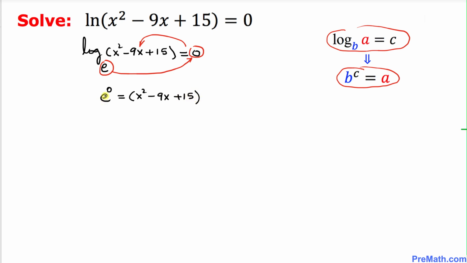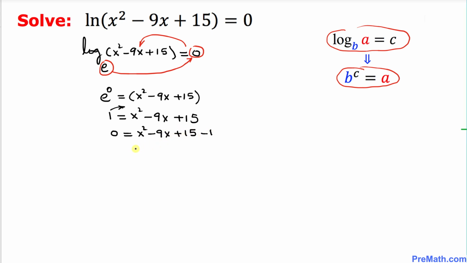All right. We know that anything power 0, e power 0 is 1, equal to x squared minus 9x plus 15. Let's move this 1 to the right hand side. So we are going to get 0 equal to x squared minus 9x plus 15, and this 1 is going to become negative 1 when we move it to the right hand side.